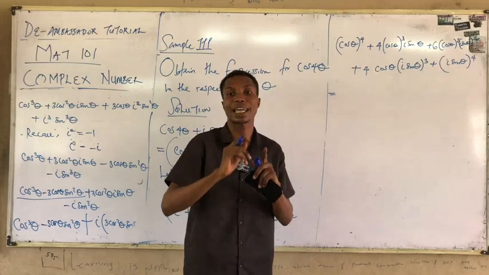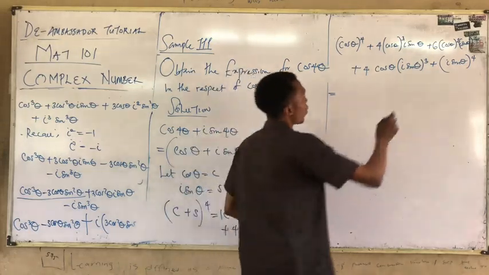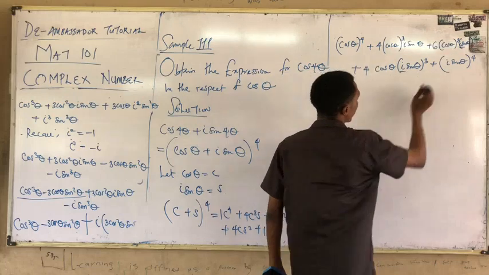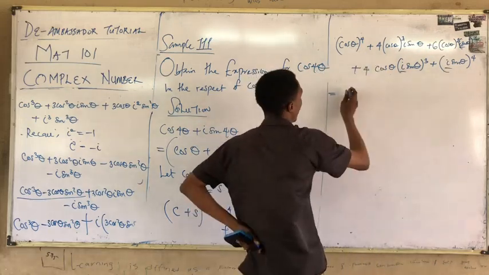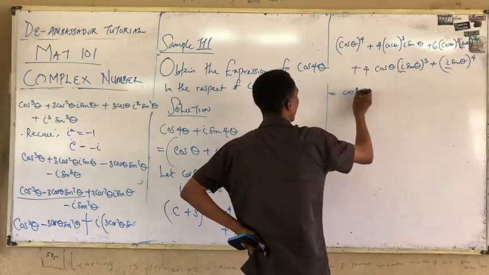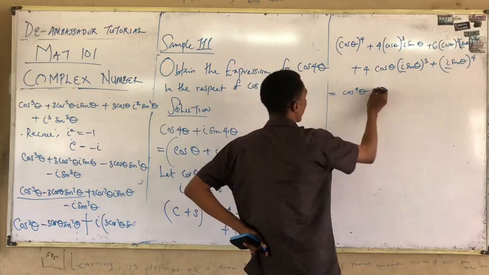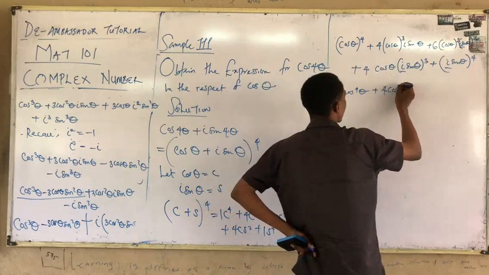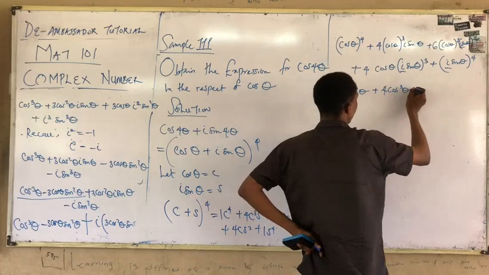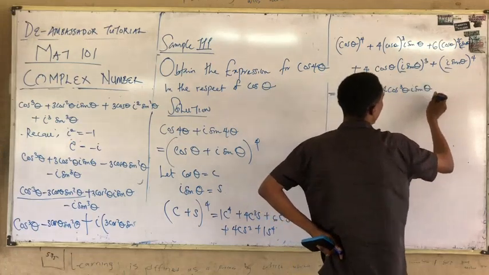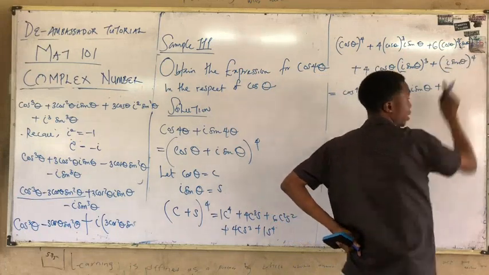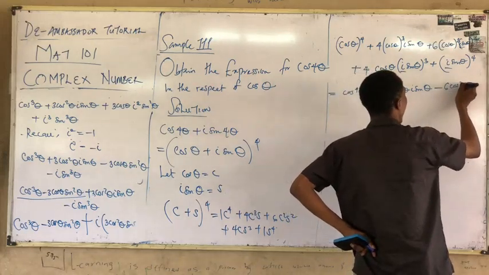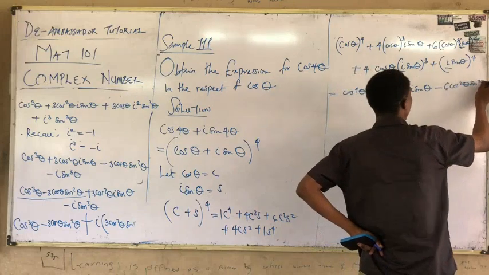All those that have I, especially this one has I squared. Later we have I squared, and here we have I cube. So let's find a way to simplify them. Here will be cos 4 theta. Then this side will be 4 cos cube theta I sin theta, plus, be careful, I squared is minus, so here will be 6 cos squared theta sin squared theta.